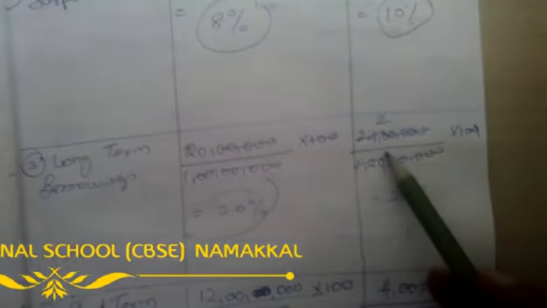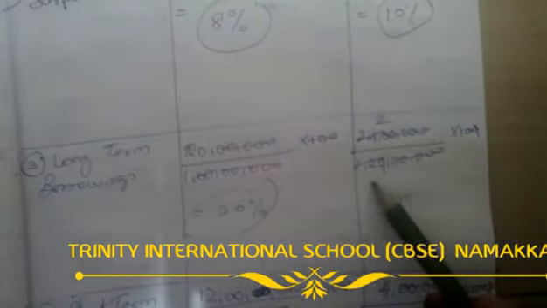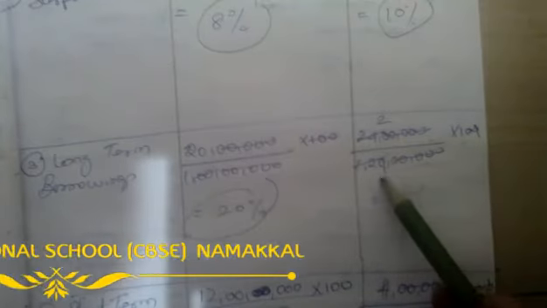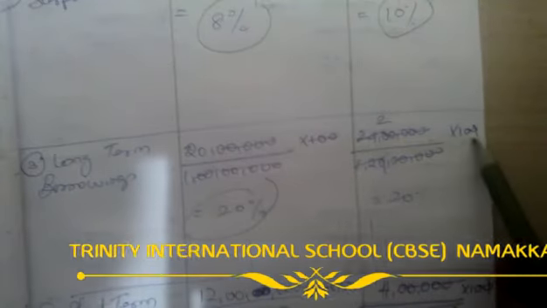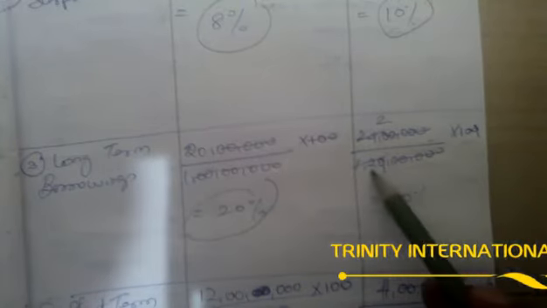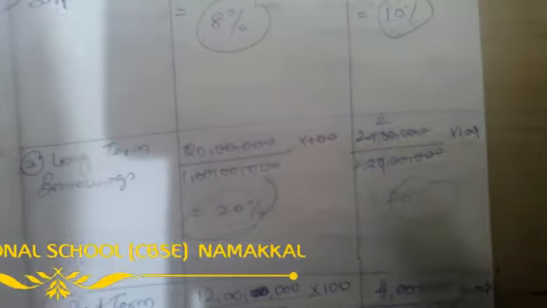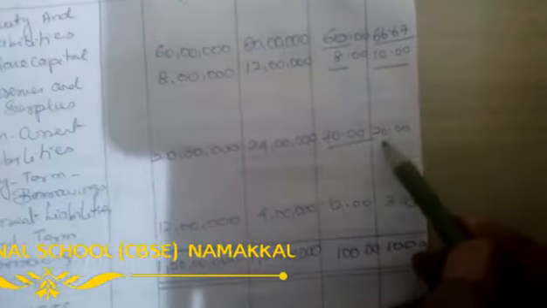Similarly here, 24 lakhs divided by 1 crore 20 lakhs into 100. Simplification is easy: the 50s cancel, 10 I cut it. So 2 into 12 is 24. So 20%. Once I complete it here, I come to our main sheet. See, 20% here and 20% here also.